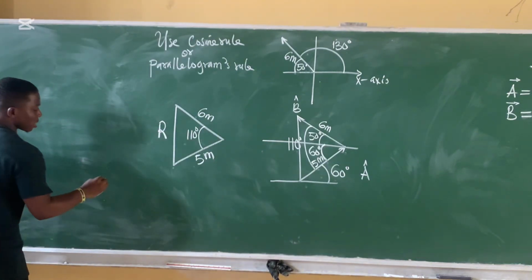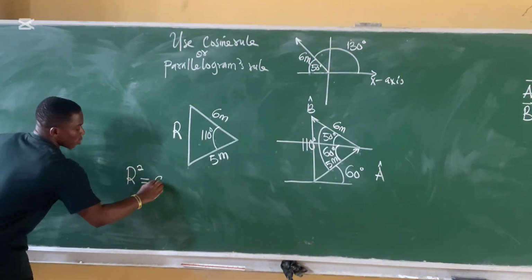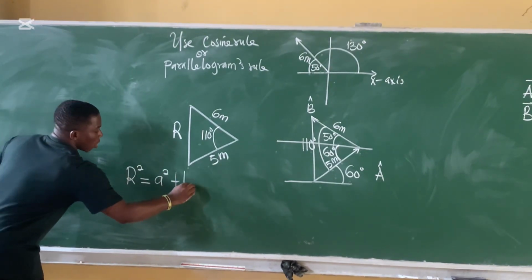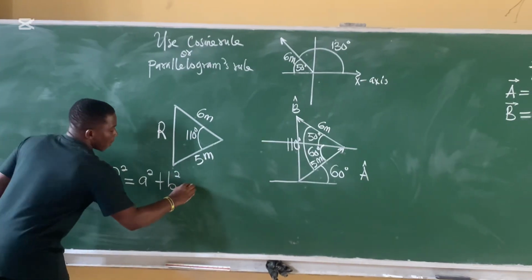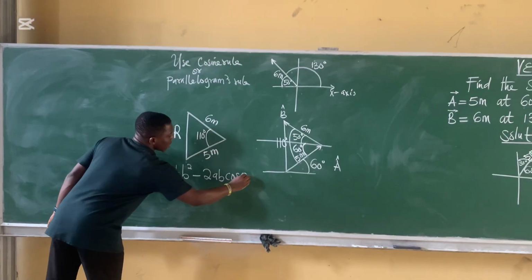The cosine rule says that R squared is equal to a squared plus b squared minus 2ab cos theta.